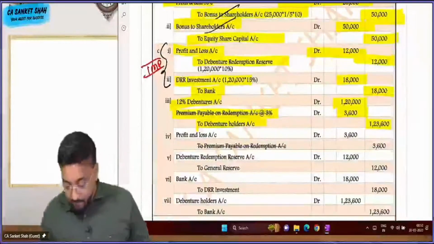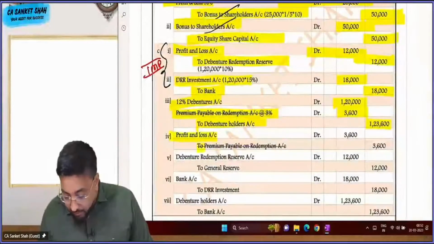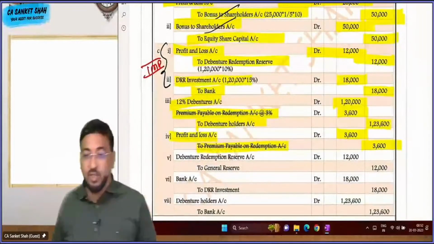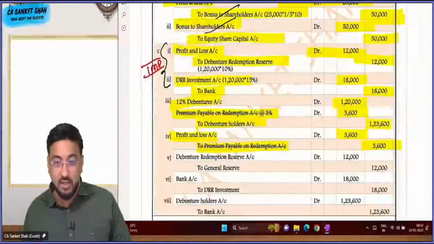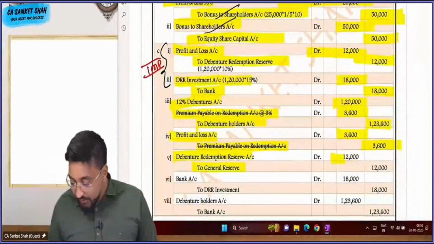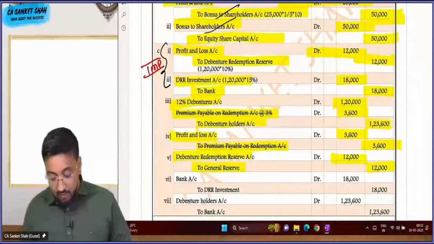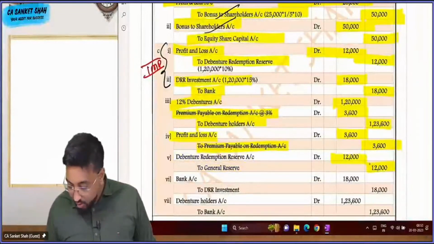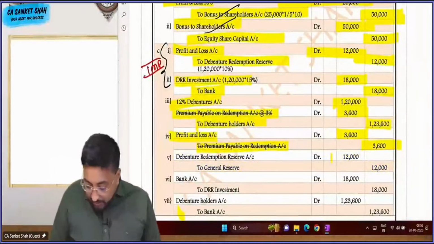Then beta, P&L to premium on redemption. And then DRR to general reserve. Sorry, this entry is not there. And then debenture holders to bank.